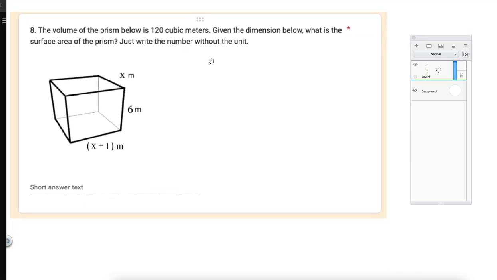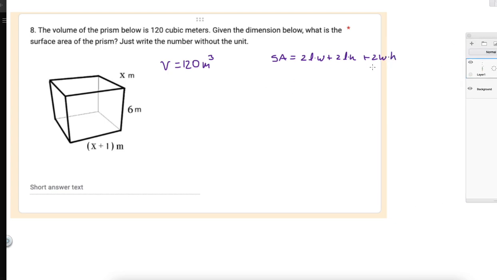Next one, the volume of the prism below is 120 cubic meters. Given the dimensions, what is the surface area of the prism? So surface area is 2 length times width plus 2 length times height plus 2 width times height. We have 3 pairs of 2, or 6 total sides.